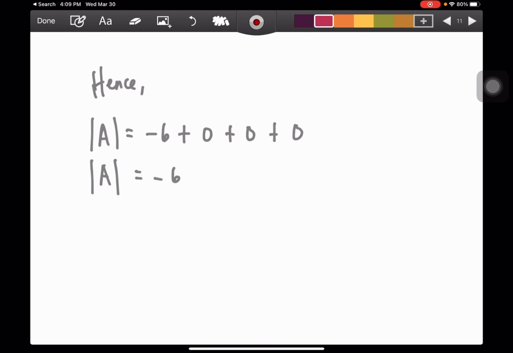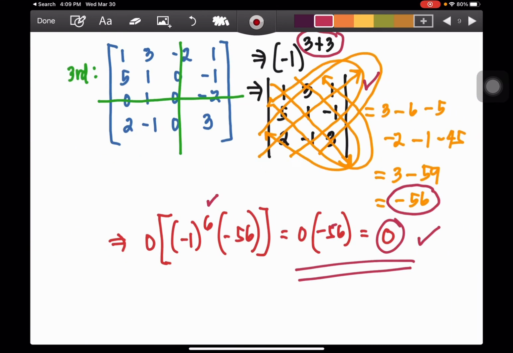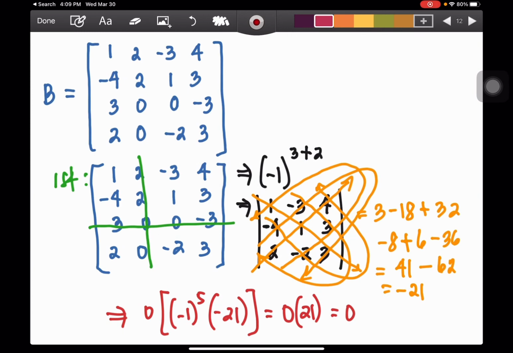So we have a leftover of negative 6, or the sum of the numbers is equal to negative 6, so that our determinant of matrix A is negative 6, which is the same as our previous computation, considering row 1 to be consistent. And it's our columns that are changing from 1, 2, 3, and 4. Okay? So let's have another problem and let's see what is going to be the determinant of that matrix.